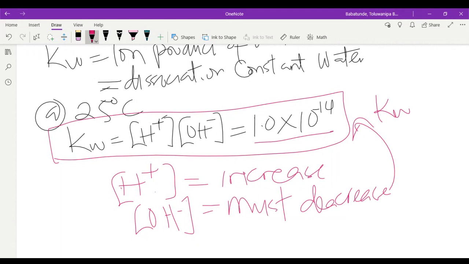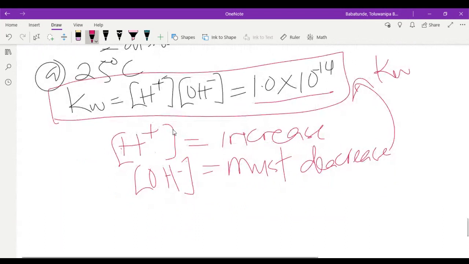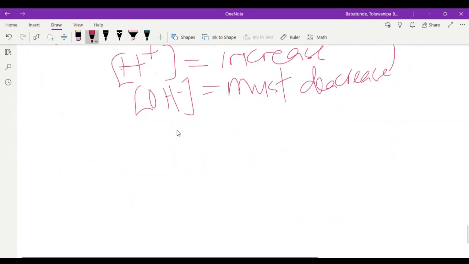So we use that to make calculations. We can use that to find the hydrogen ion concentration of our solution. Neutral solutions have equal quantities of hydrogen ion concentration and hydroxide ion concentration.